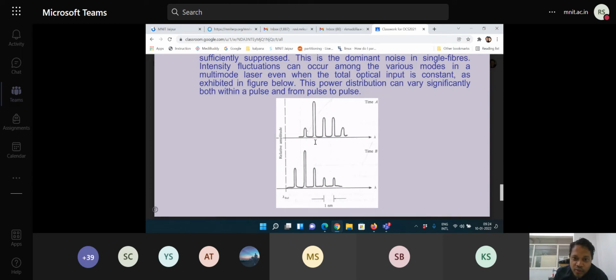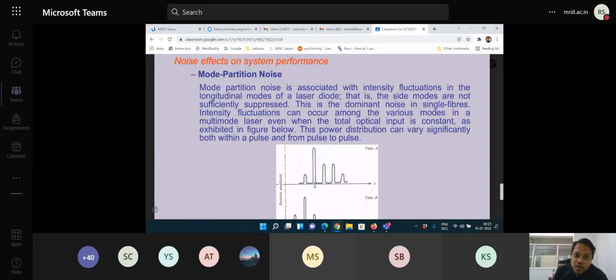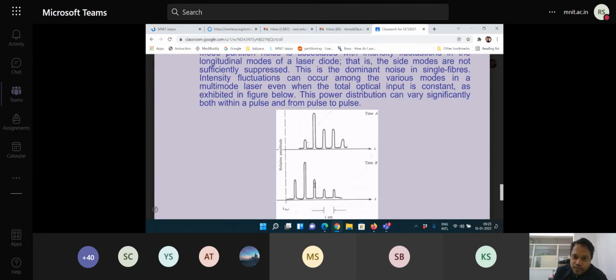Here the dominant mode at time A was here, whereas the dominant mode at time B is now slightly different. And the other modes which had relatively lower power have also shifted. This fluctuation in intensity of different modes causes mode partition noise.